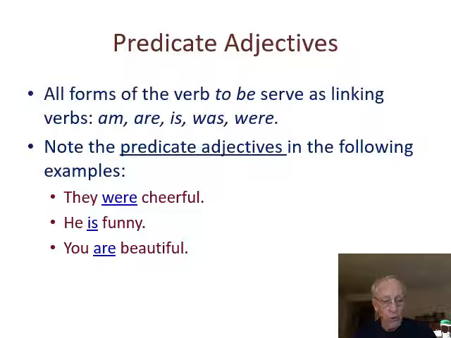You are beautiful. Wonderful. Are is the linking verb. Indicates a sense of time, actually, but it links you with beautiful. Beautiful is a predicate adjective which modifies you. I am tall. Am is the linking verb. Tall is a predicate adjective which modifies I.